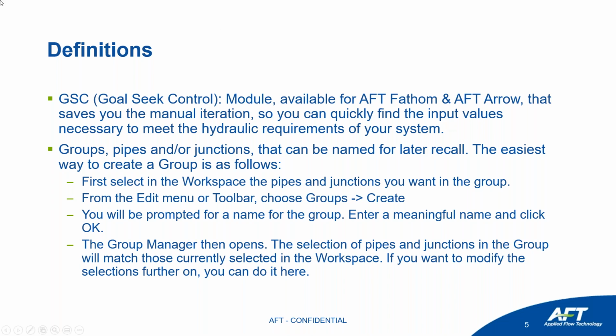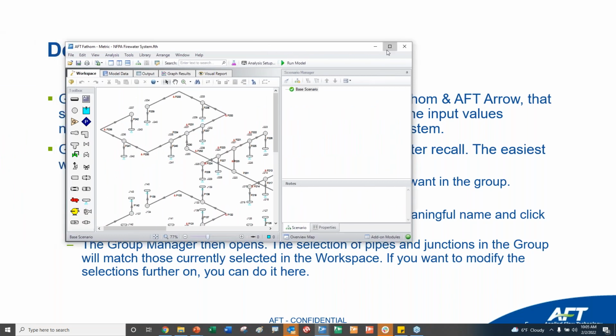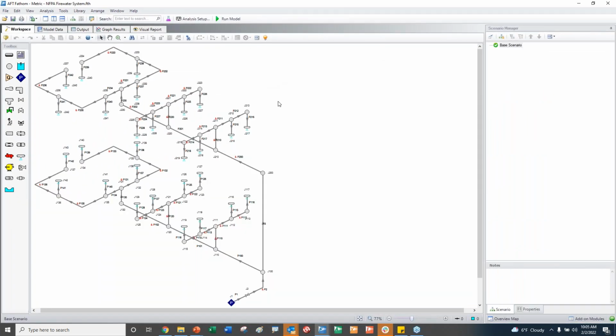So let me bring an example of how to create a group. Okay, so we want to create a group of sprinklers. The first step is to select the group of elements you want.